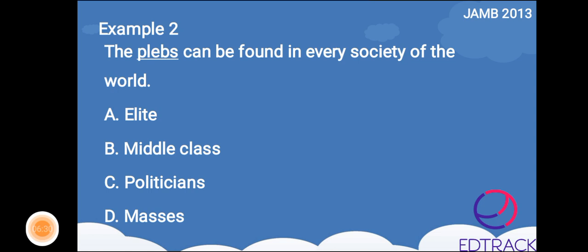So they are the ones that are referred to as the plebs. We are to now give a word that has opposite meaning to the word plebs. I've given you a short explanation. Let us see what we have on the next slide concerning this example taken from JAMB 2013 past question.